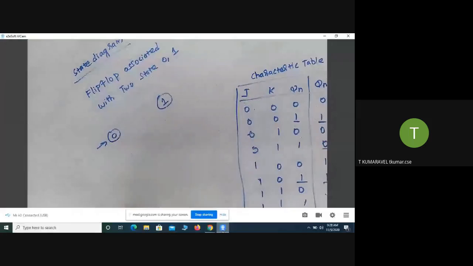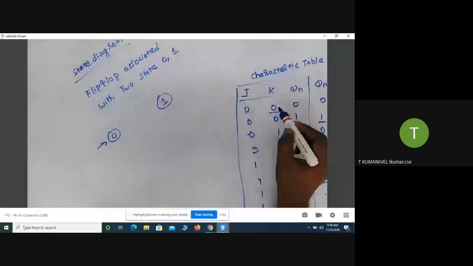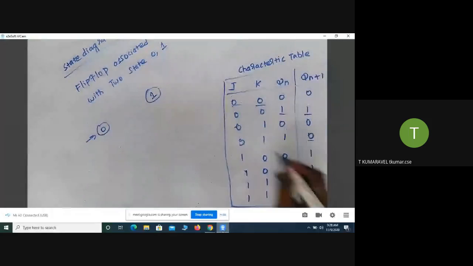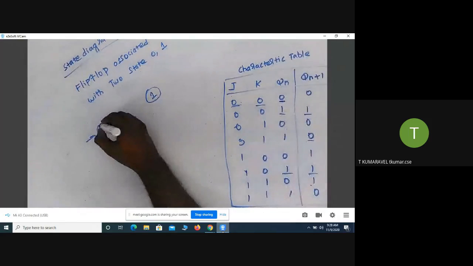Let's say I'm taking the input combination 0 0, and I am currently in the 0 state. If I provide input 0 0, what is the output? You are retaining the same state.